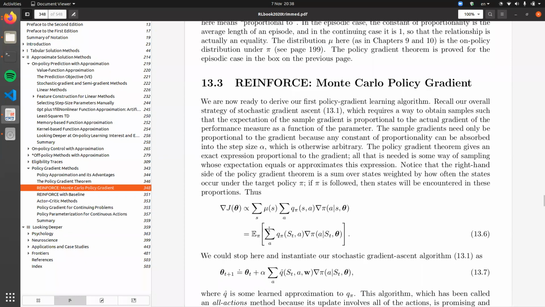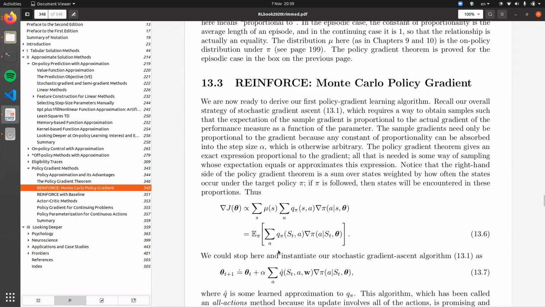The distribution over states is determined by our policy pi, and you should remember that mu is a steady state distribution defined by the policy.